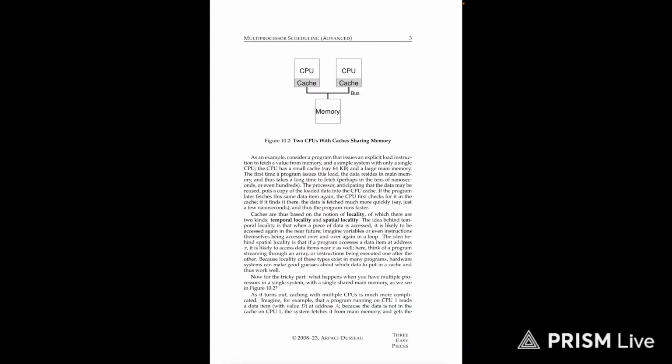The idea behind spatial locality is that if a program accesses a data item at an address X, it is likely to access data items near X as well.